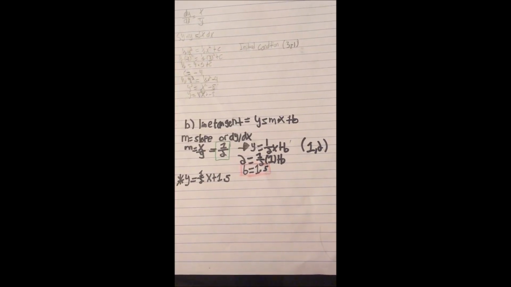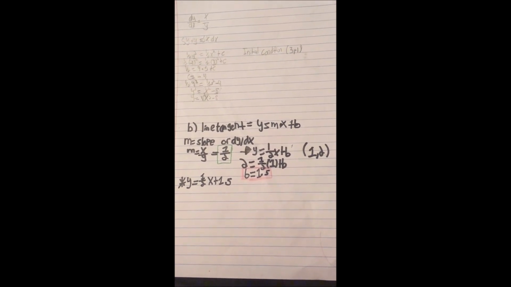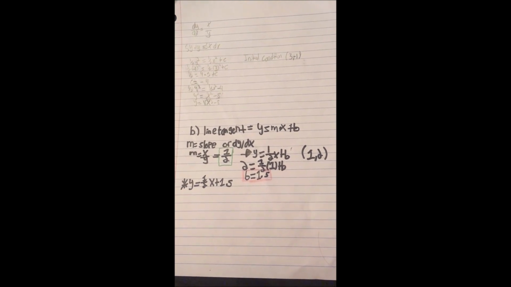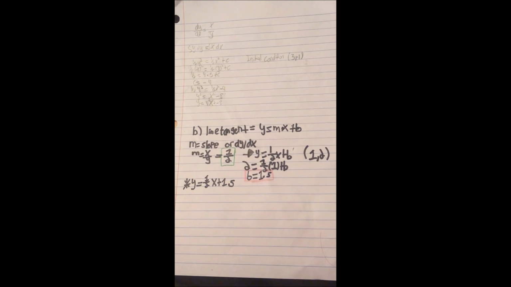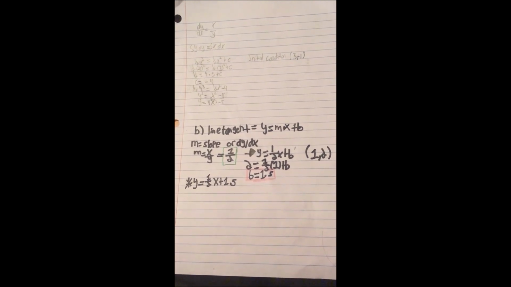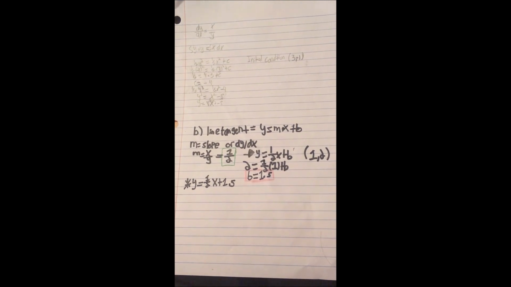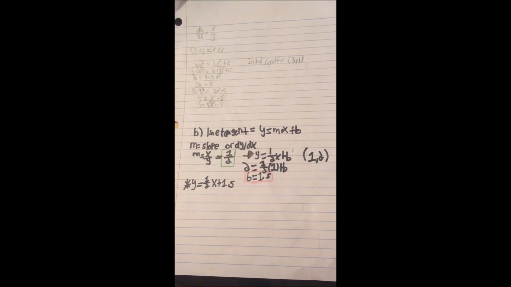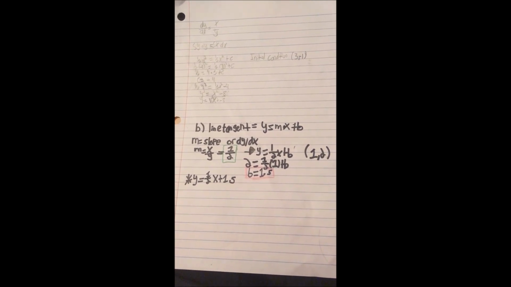The equation used to find the line tangent to the curve with point (1, 2) was point-slope form, or y equals mx plus b. In this situation, m is the slope, or the change in y over the change in x, which is actually given to us as x over y. So when we plug in our values of (1, 2), we get our slope to be 1/2, in which we plug it back into the equation to get y equals 1/2 x plus b.